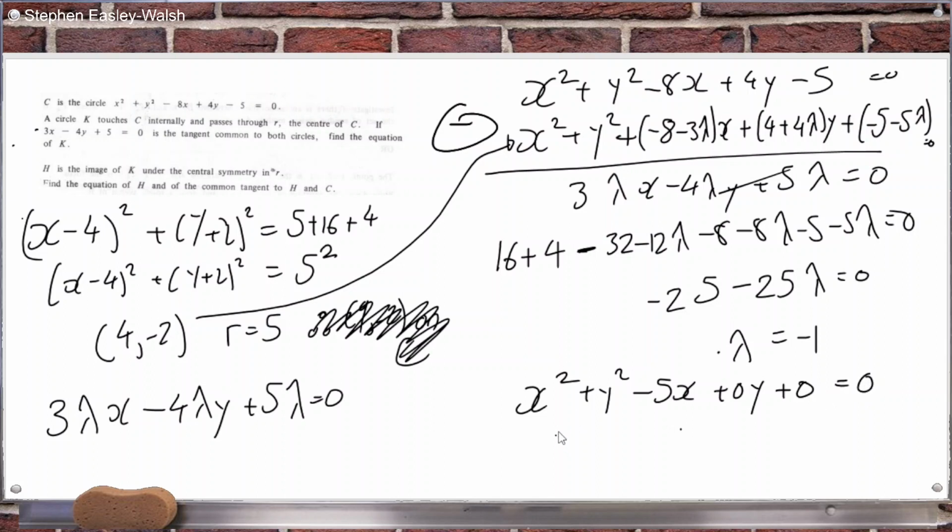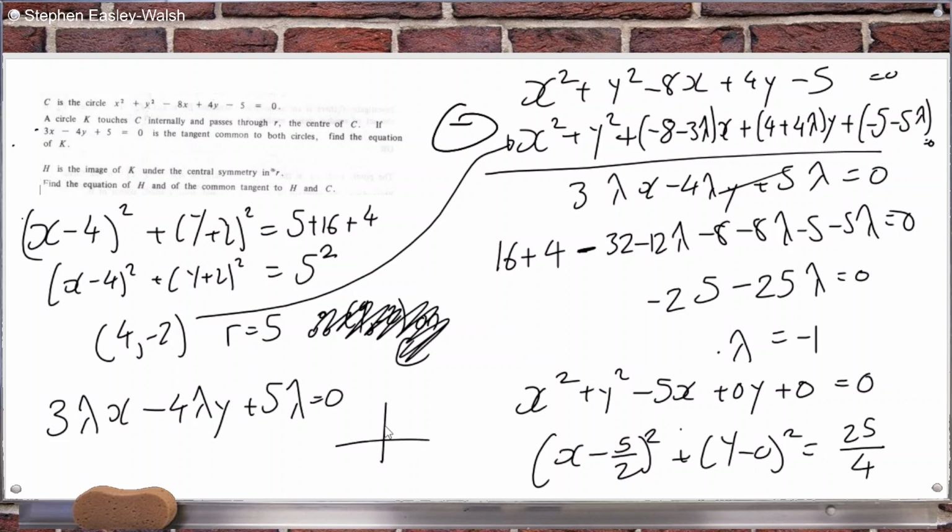So this second circle, yeah, interesting: (x - 5/2)² + (y - 0)² = 25/4. So that second circle is at this point here, its center, and it goes around like that.